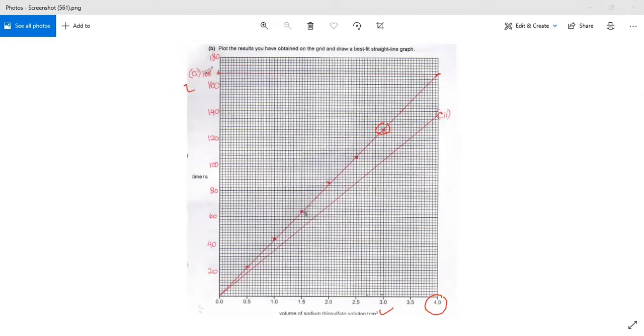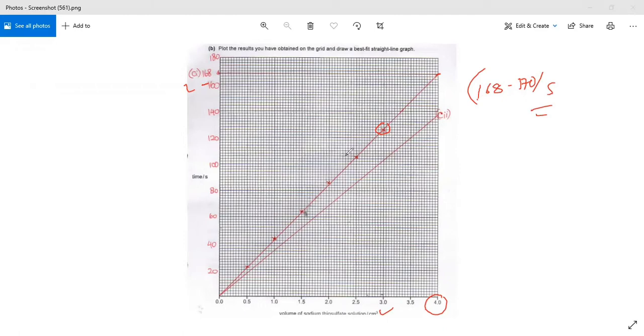The time is going to be in the range of 168 to 170 seconds. So you can write the range about 168 to 170 seconds. This is going to be the answer for C first bit.